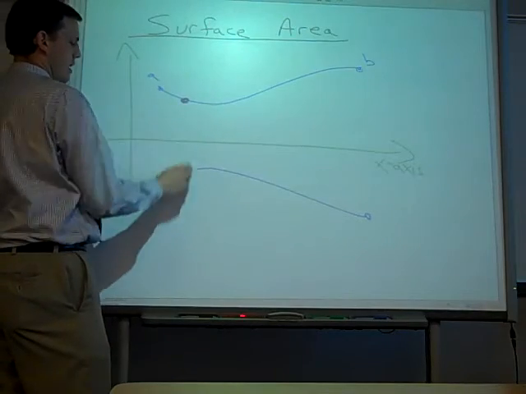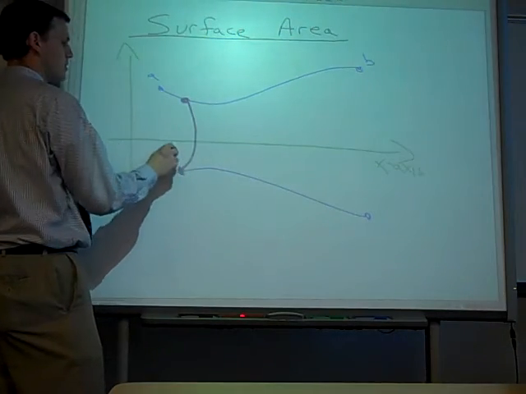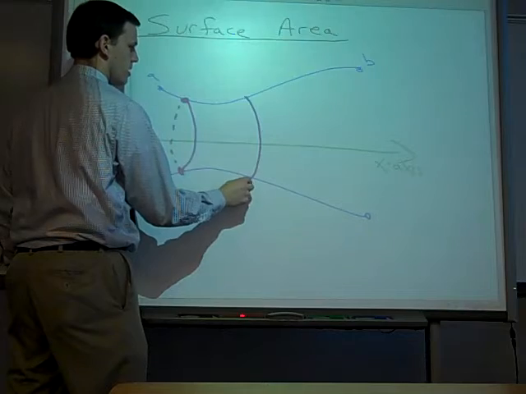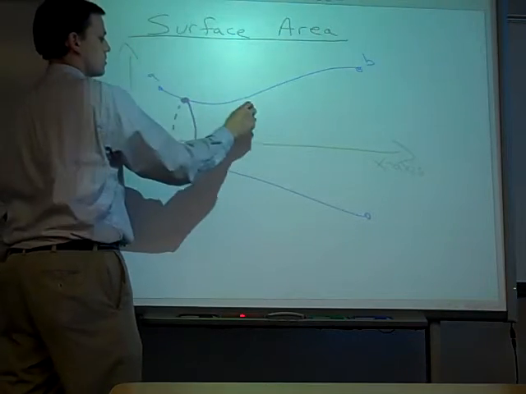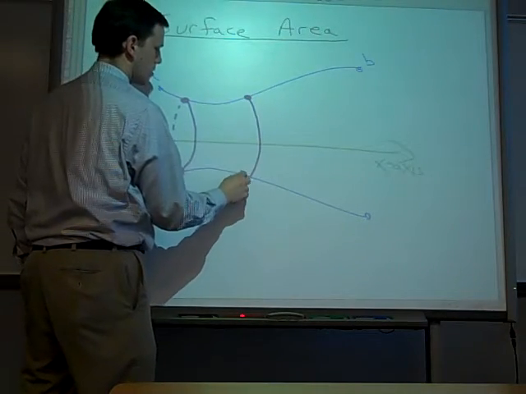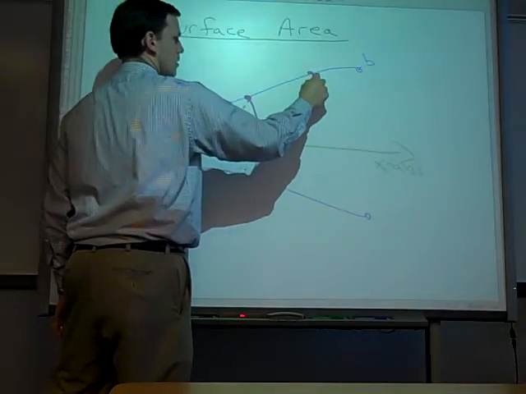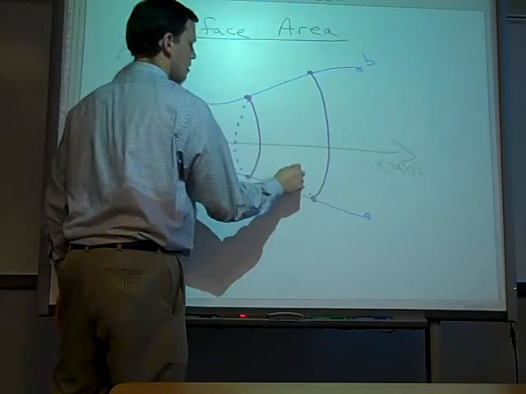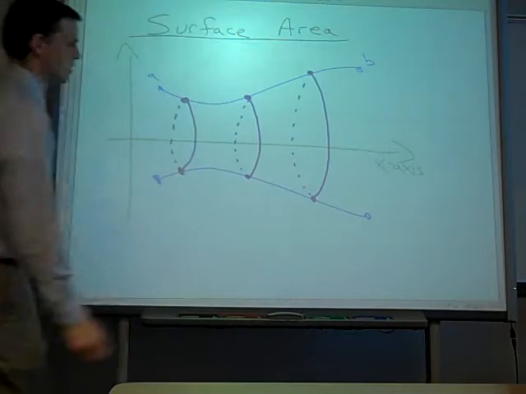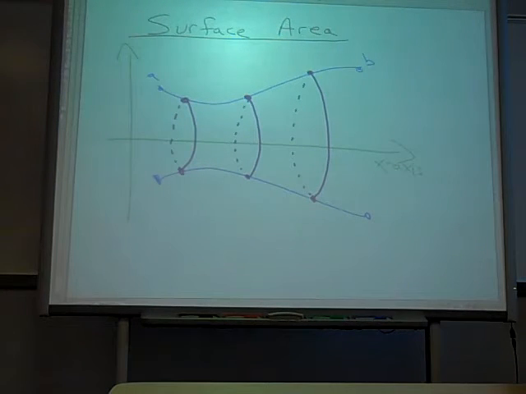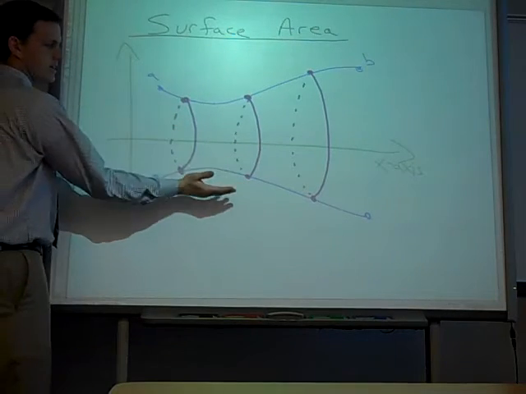And when we rotate it around, we get this shape. All right, so obviously that's not perfectly symmetric, but you guys get the idea. So this curve gets rotated on the x-axis.